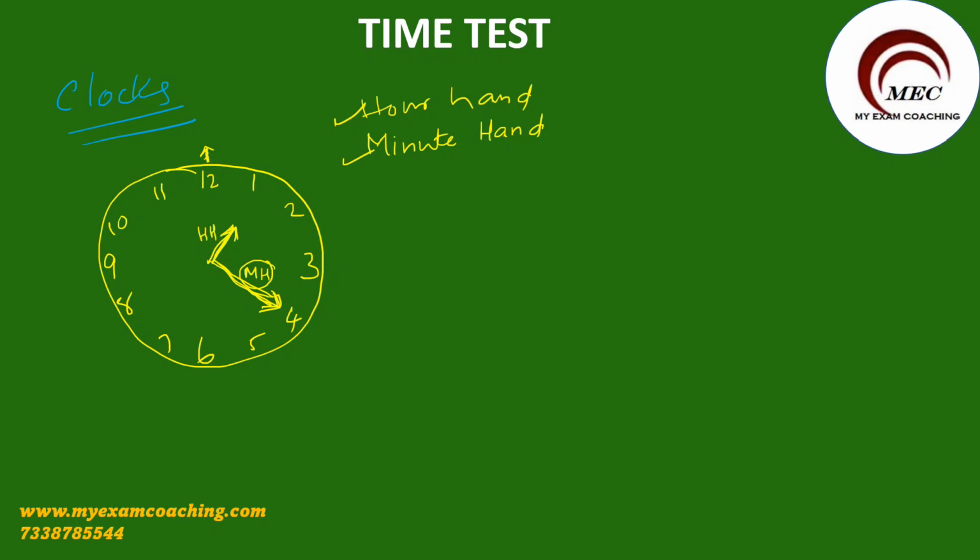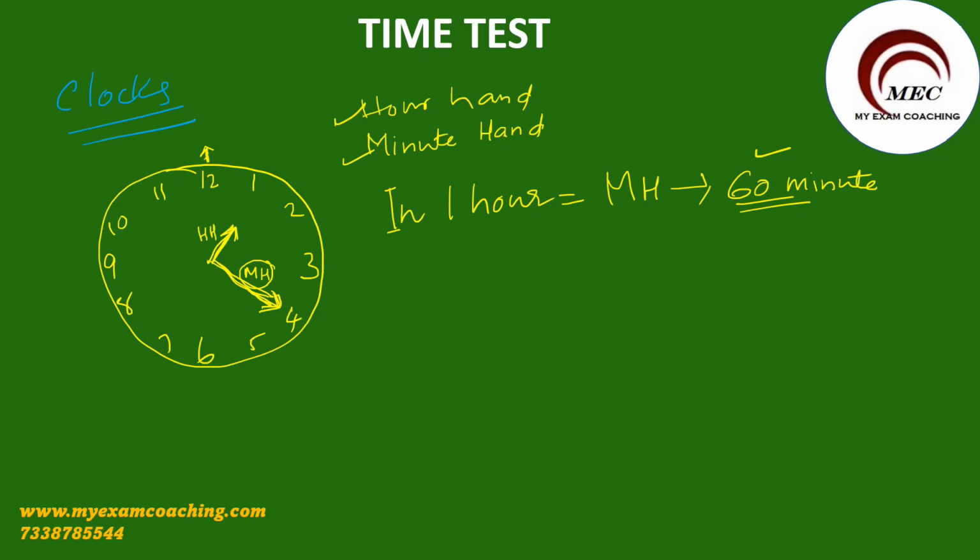So complete one rotation means in 1 hour, the minute hand covers 60 minutes. A very important concept we are learning, because 1 hour is equal to 60 minutes, it's a basic thing everybody knows. But I'm not talking about this. I am taking you to a big concept using which you can solve all problems by a shortcut method. So learn this shortcut method. It will be very easy for you to solve questions based on clock.